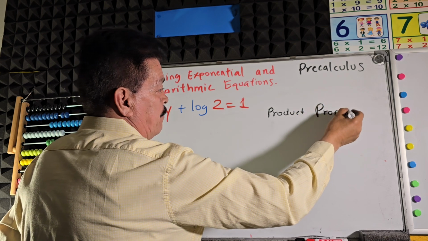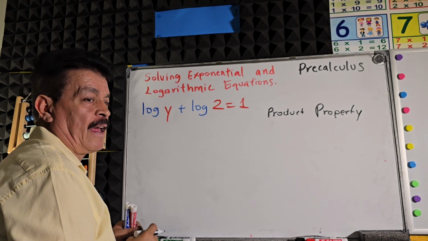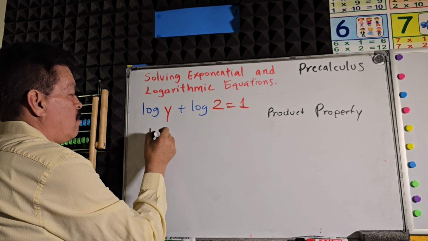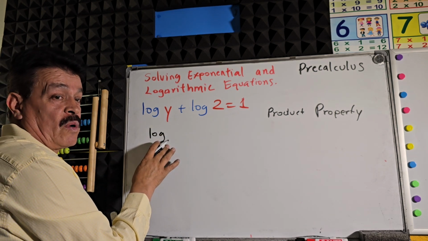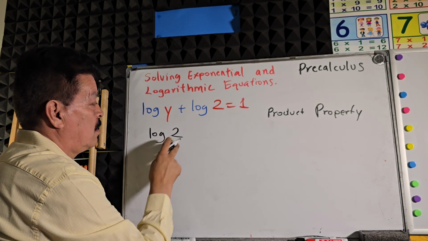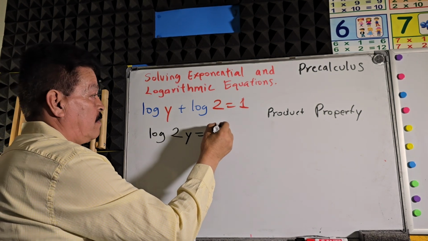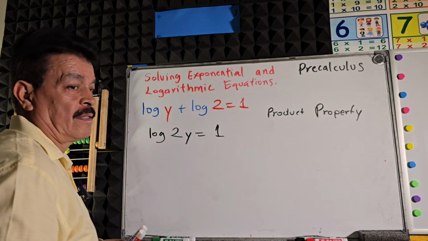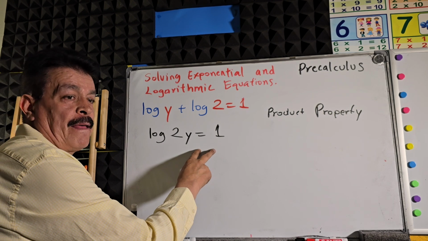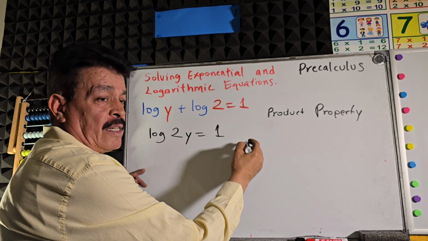If we use the product property and combine the logarithms, we will have log 2y equals 1. Now, next step, rewrite this.